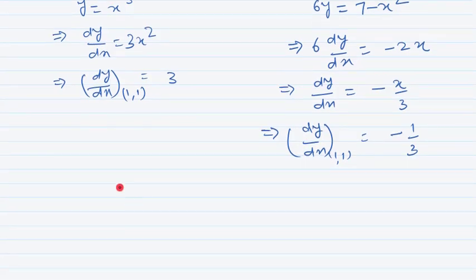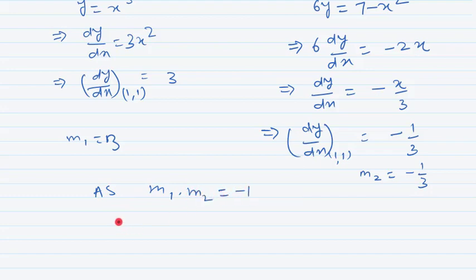So here we will simply write m1 is equal to 3 and m2 is equal to minus 1/3. We explain our answer as m1 into m2 is equal to minus 1. Therefore, the answer is that the curves are perpendicular to each other, or they intersect orthogonally.